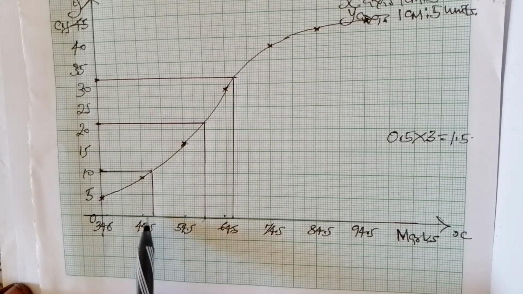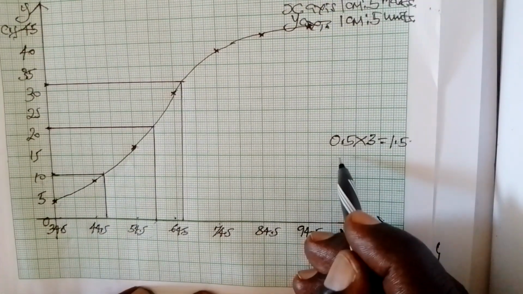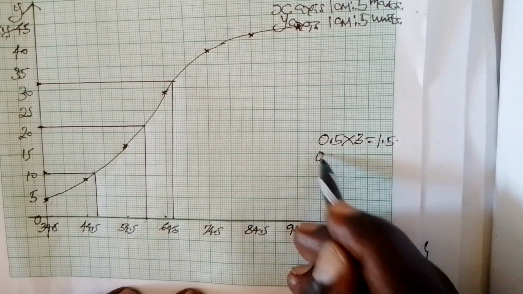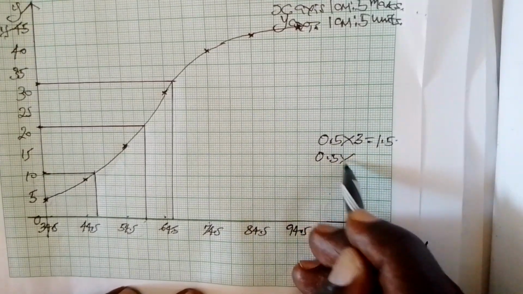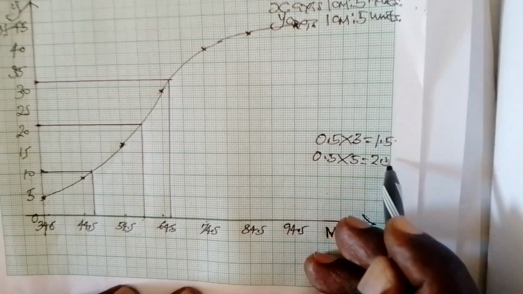So after 44.5, we are going to have 5 small squares, and this value will be given by 0.5 multiplied by 5, which is equal to 2.5.